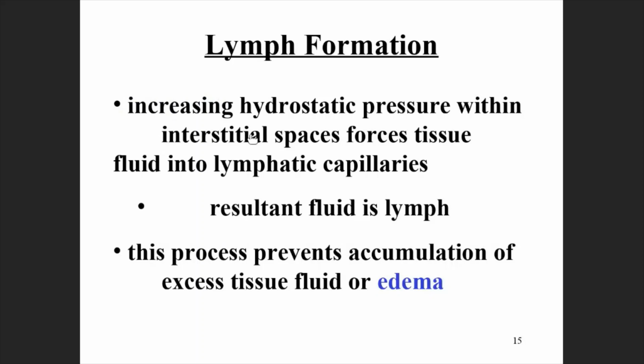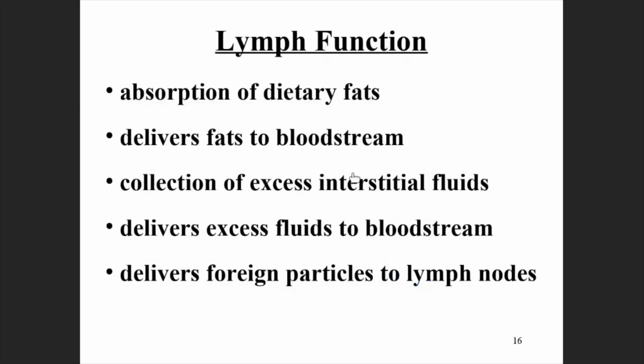So lymph formation certainly comes from that interstitial space. And if you prevent that, we already saw that impaired lymph flow can lead to edema, right? Another important function of the lymph is that one of the areas that's involved in major absorption in our body is the small intestine.